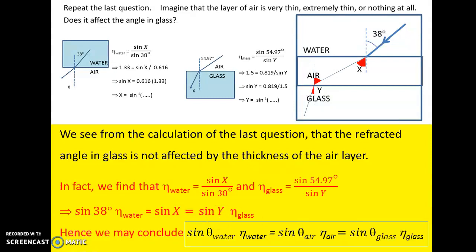In other words, the layer in the middle, which is air, is not important. And that's why our answer is no, it does not affect the angle in glass. Copy down these lines in red if you are asked to do corrections.